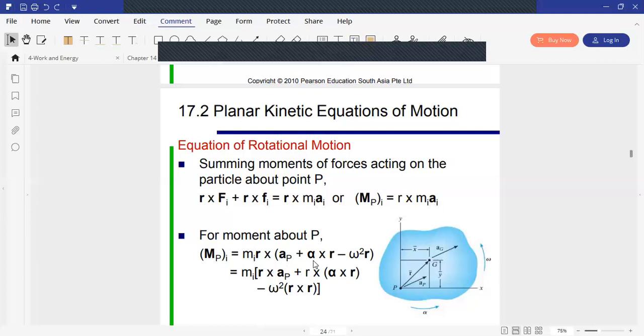Now, when I expand this term, I have r vectorial a_P plus r vectorial alpha vectorial r minus omega squared r vectorial r.